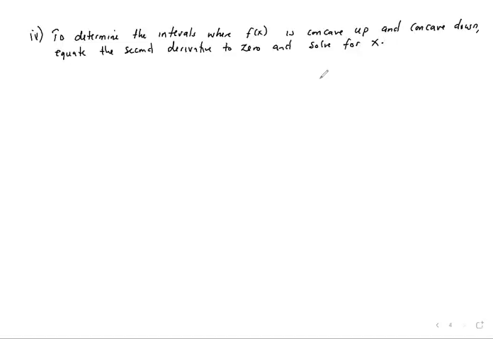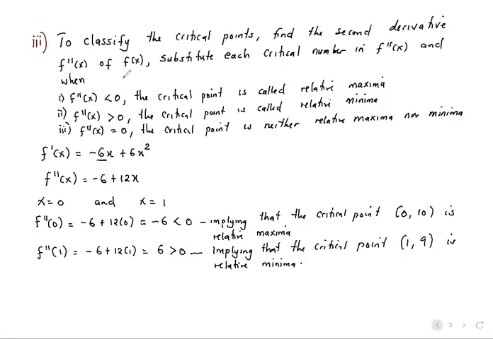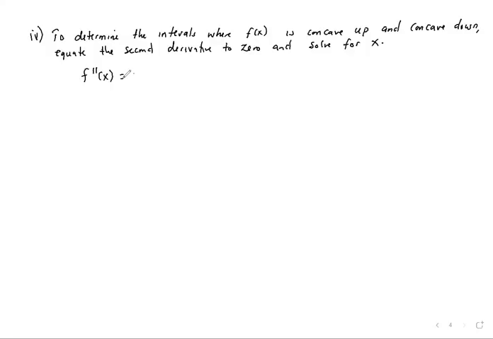So what was our second derivative? Our second derivative was -6 plus 12x. So equate this to 0. -6 plus 12x is equal to 0, meaning 12x is equal to 6.